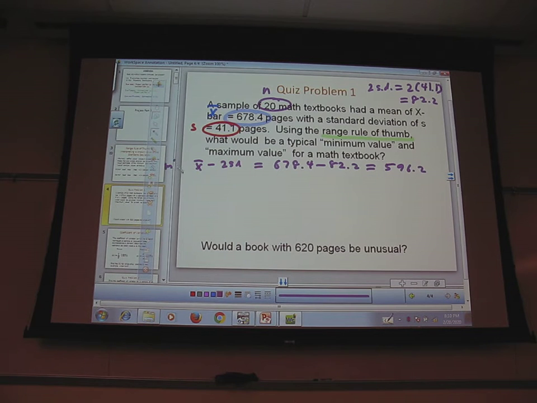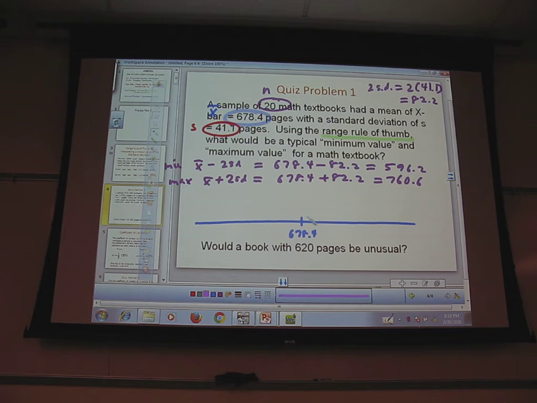That's my minimum usual value. And then we have our maximum usual value, which is x bar plus 2 standard deviations. So 678.4 plus 2 times 41.1 is 760.6. Great. Perfect.